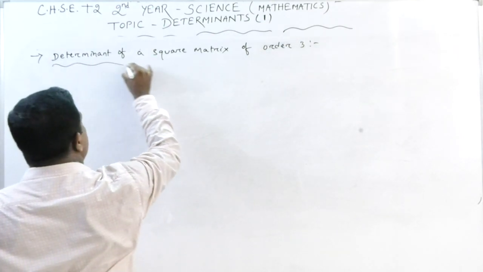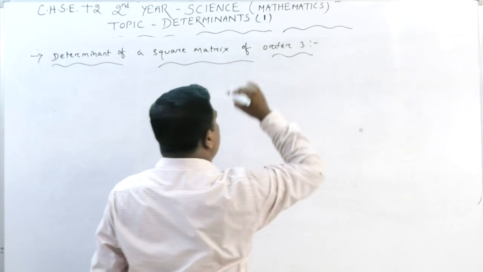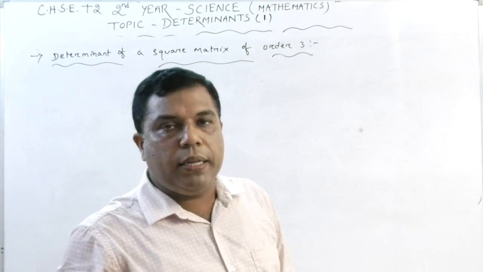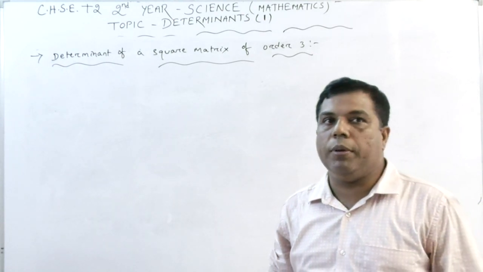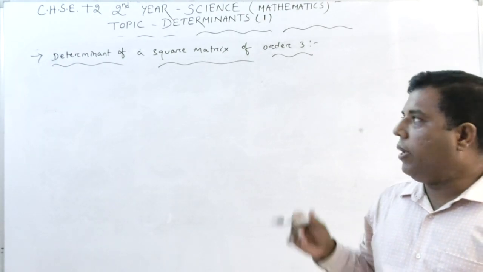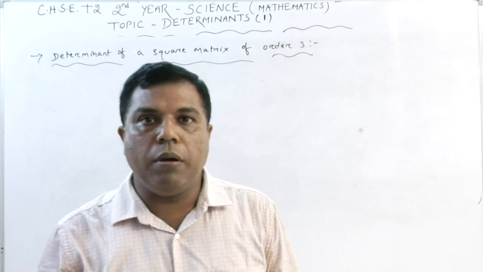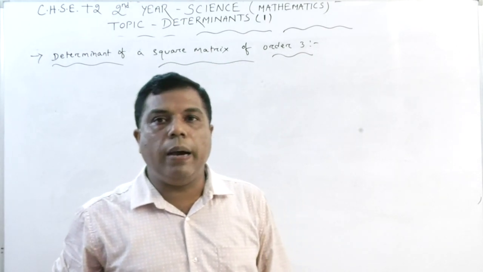If it is a square matrix of order 3, how many rows are there, how many columns are there? Please think over it. Very good. It has 3 rows and 3 columns.